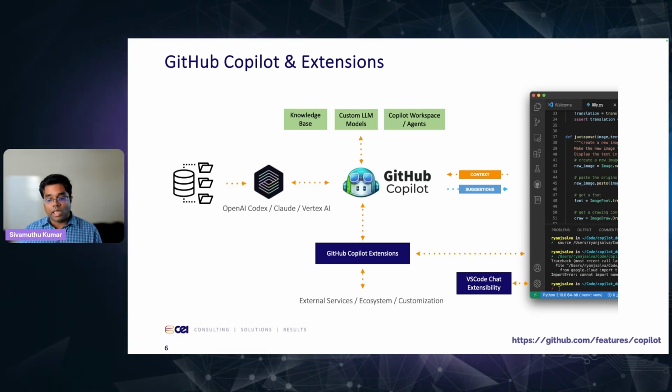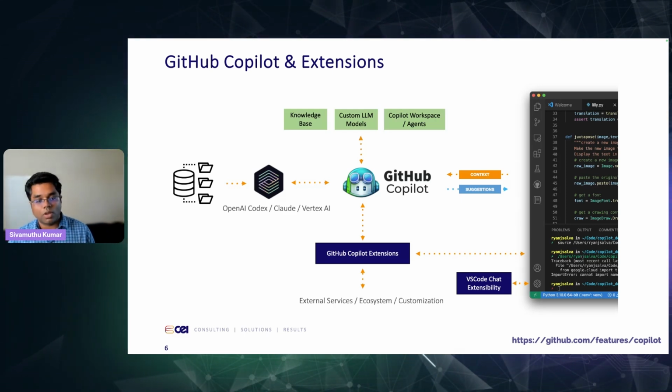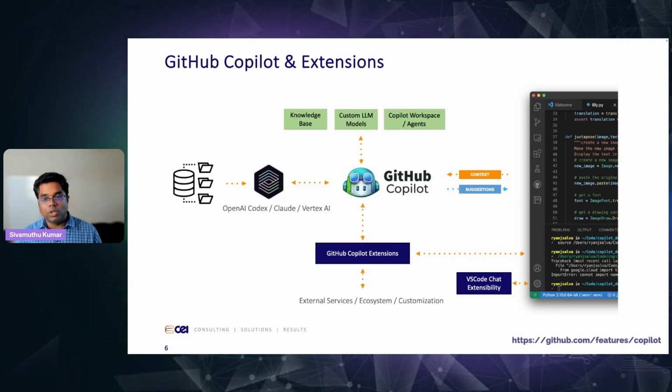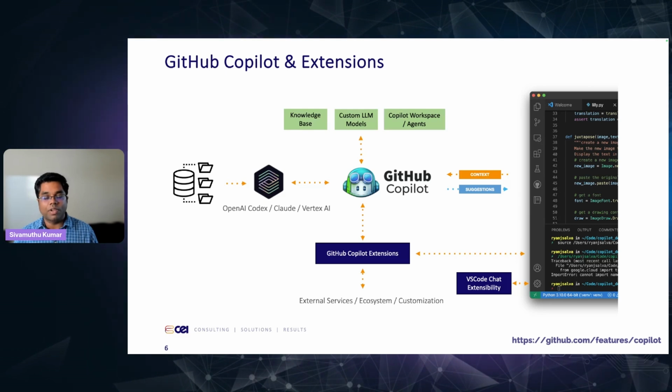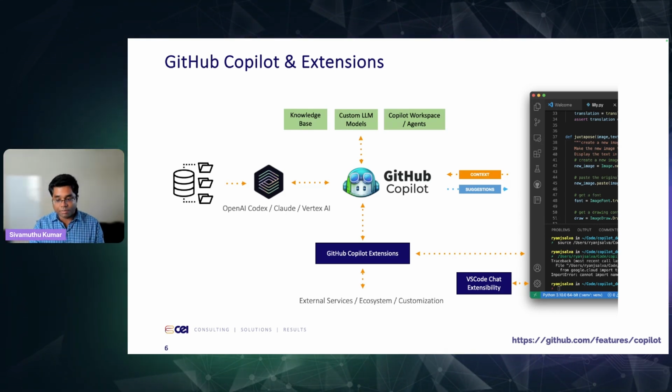So both the platform level extension and the client level extension are giving a lot of opportunities to build a new way of developer experience. Everything is AI powered, and we are giving as much insight as the AI can give based on the information it is able to collect, right?